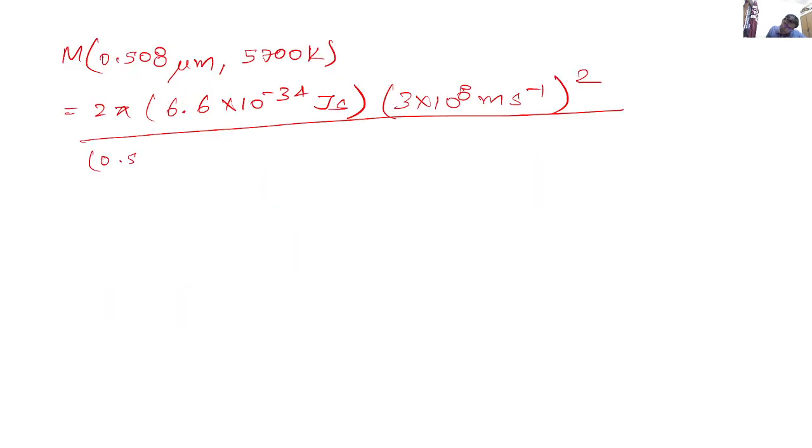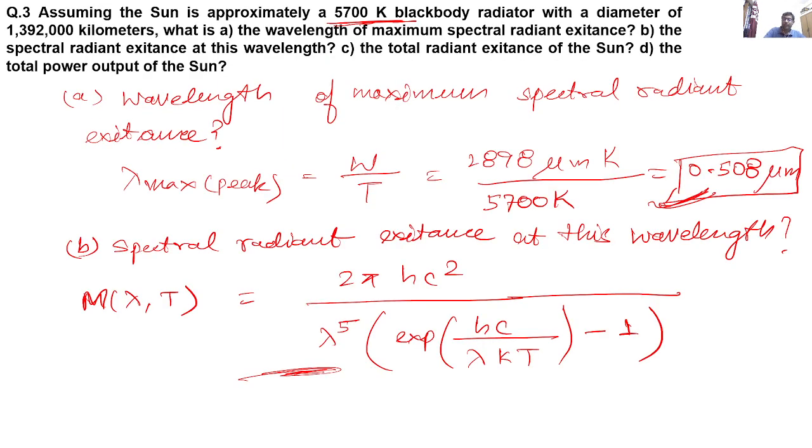So 0.508 converted into meters, into 10 power minus 6, and it is lambda to the power 5, so raise it to the power of 5. Then this exponential term, exponent hc by lambda kT.